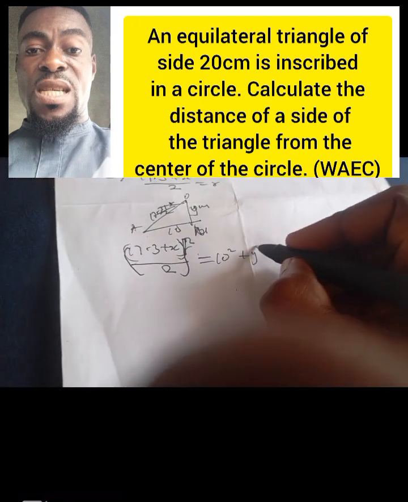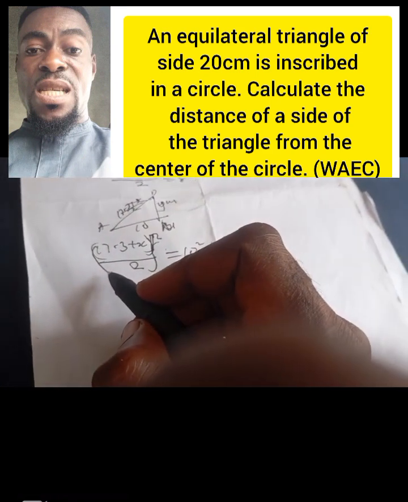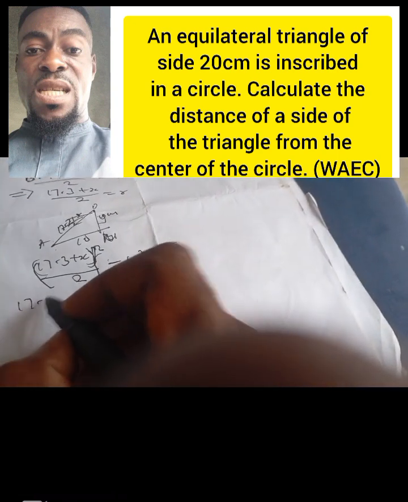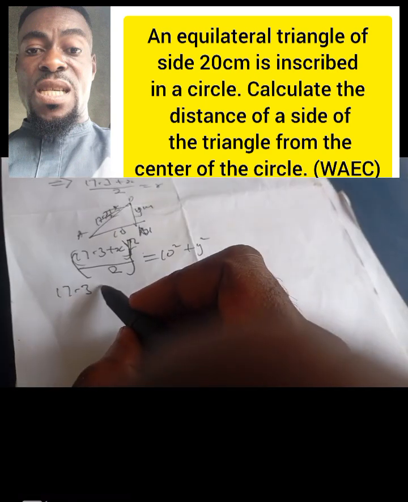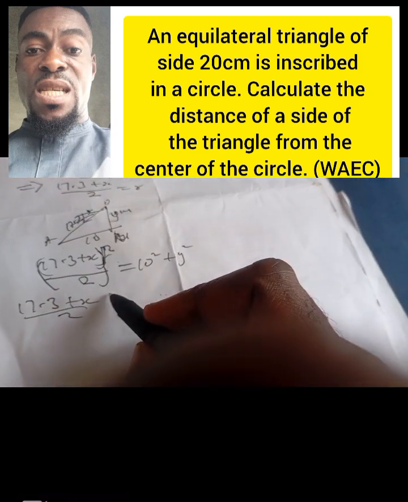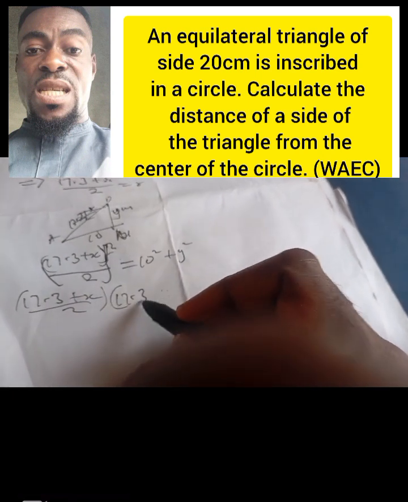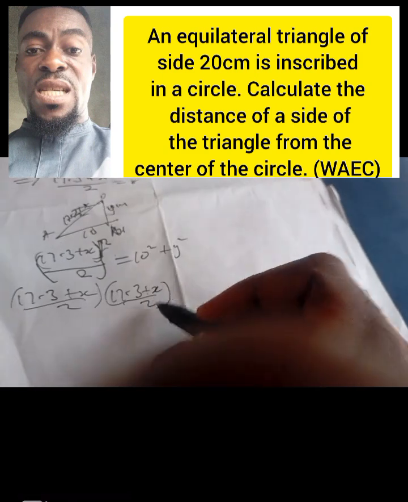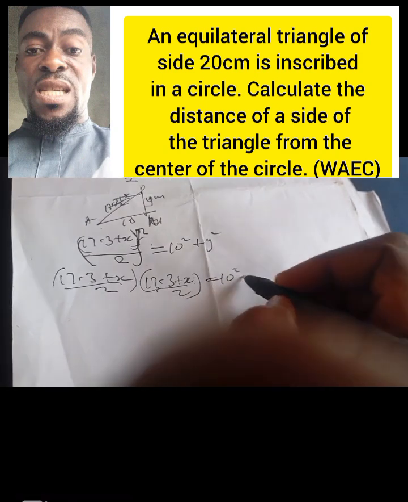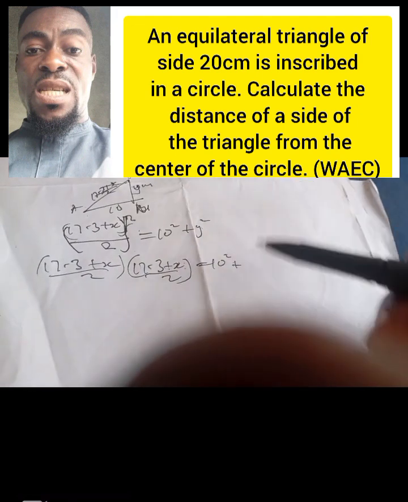So if we continue, we'll square this also. We can expand this bracket: 17.3 plus x over 2, then in another bracket we still have 17.3 plus x over 2. So if we proceed here, this will give us 10 squared plus y squared. If we bring down this y, it will give us two unknowns, so there will be a problem.